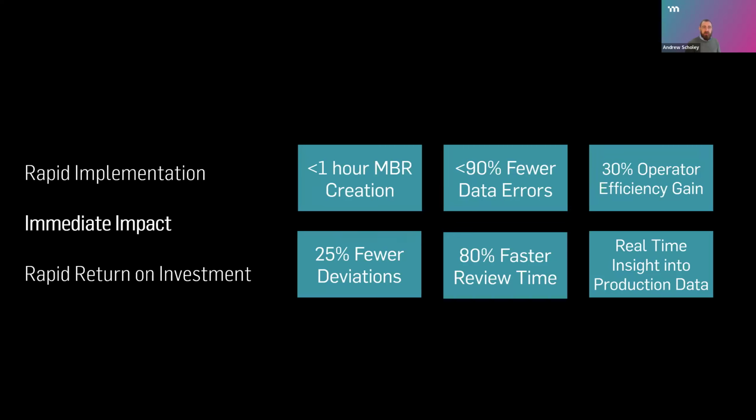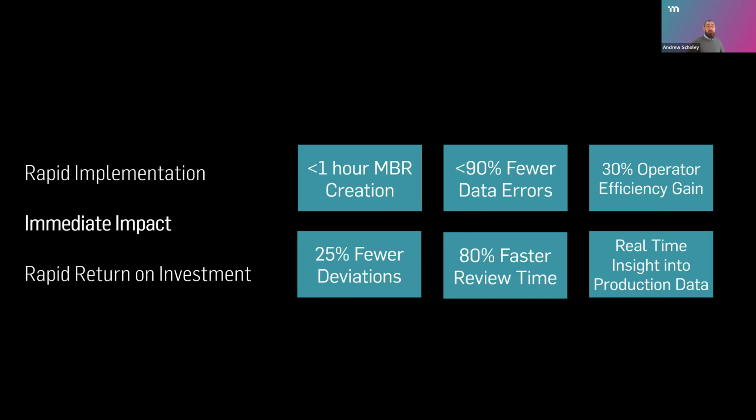That leads to being able to create a new master batch record template or modify existing ones and validate that entire process within 1 hour. We can almost entirely eliminate data integrity issues from your production records, and David's going to showcase how we do that today.